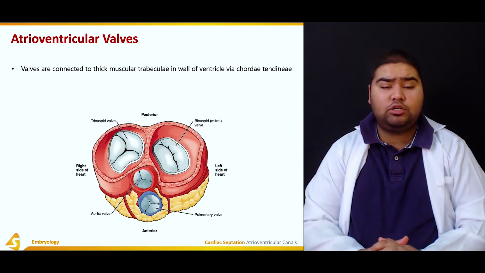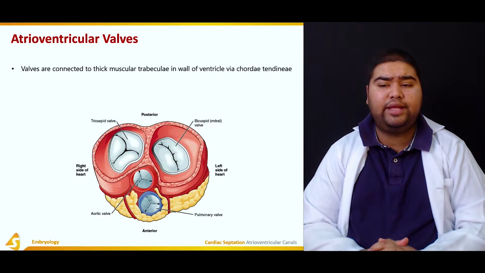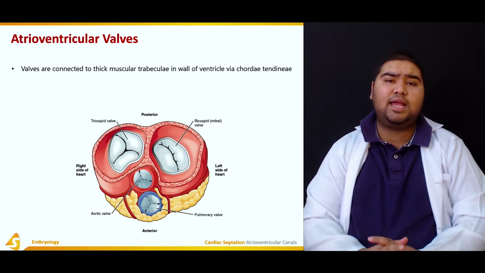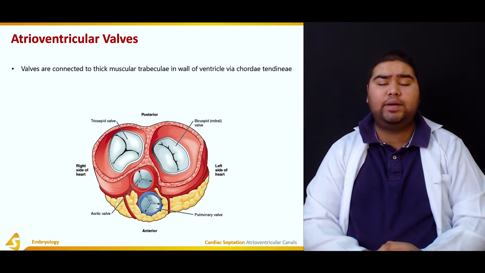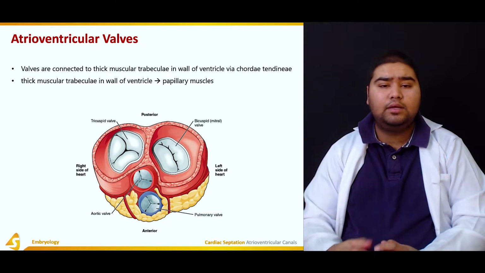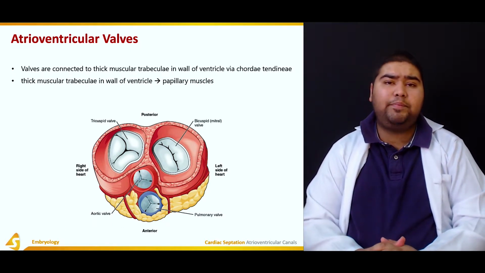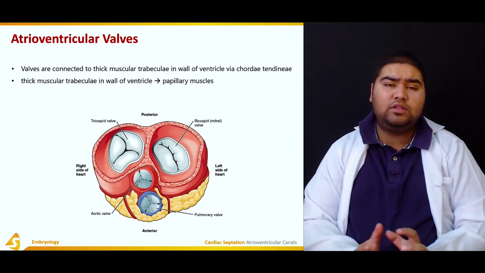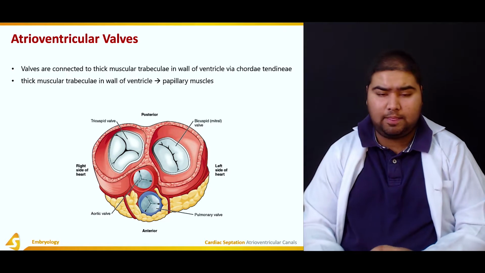The valves are connected to thick muscular tuberculi in the walls of the ventricles via the chordae tendineae. Chordae tendineae are dense fibrous cords which were initially muscular, but the muscular components were lost as a result of development. The thick muscular tuberculi in the wall of the heart are known as the papillary muscles. So the valves are attached to the papillary muscles via the chordae tendineae.